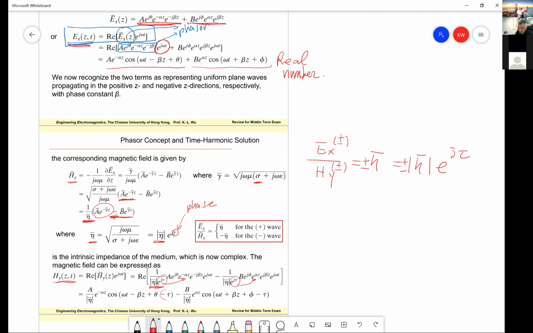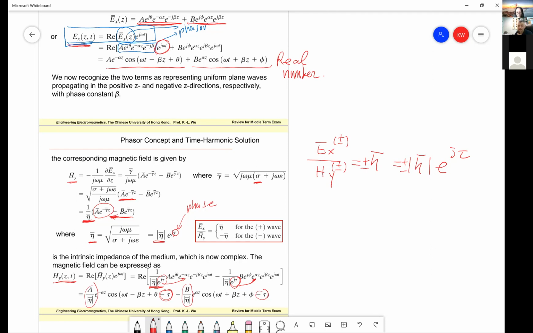Where does this come from? This comes from the phase in the denominator, so we have a minus sign. And we also have a minus sign because we move this to the phase and leave the magnitude as a pure real number.